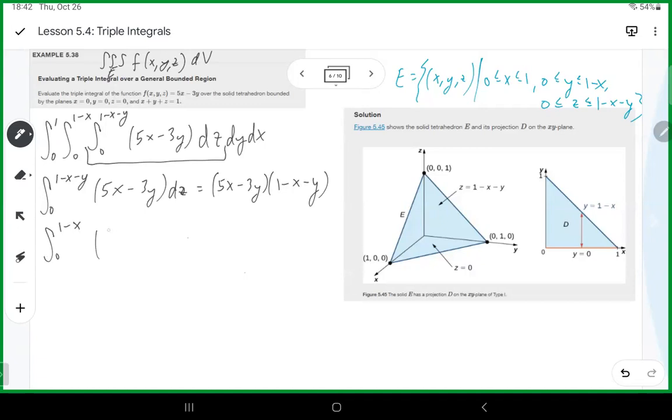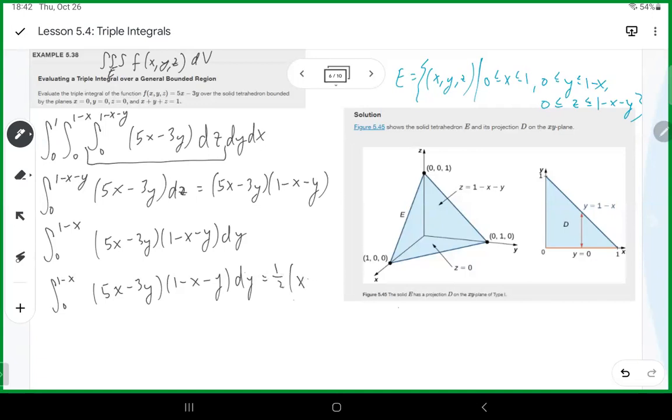It's going to be the integral of 5x minus 3y times 1 minus x minus y dy, and that's going to give you 1/2 (x minus 1) squared (6x minus 1).